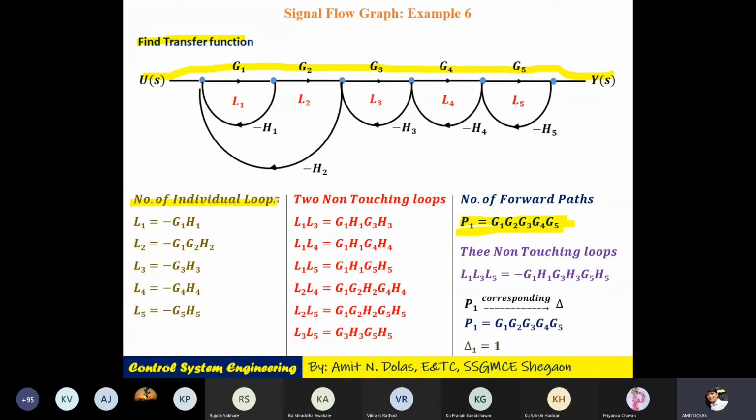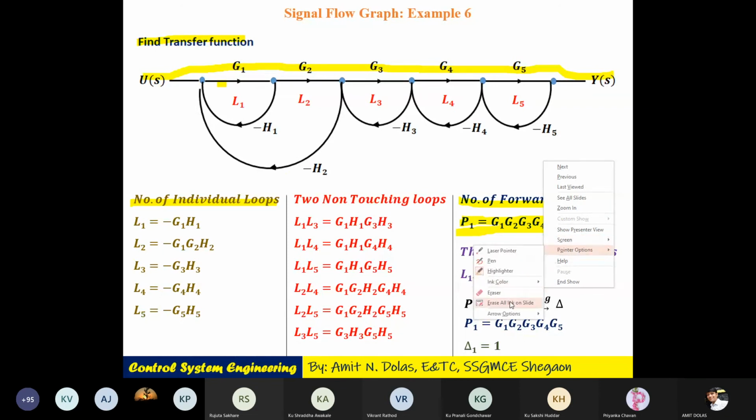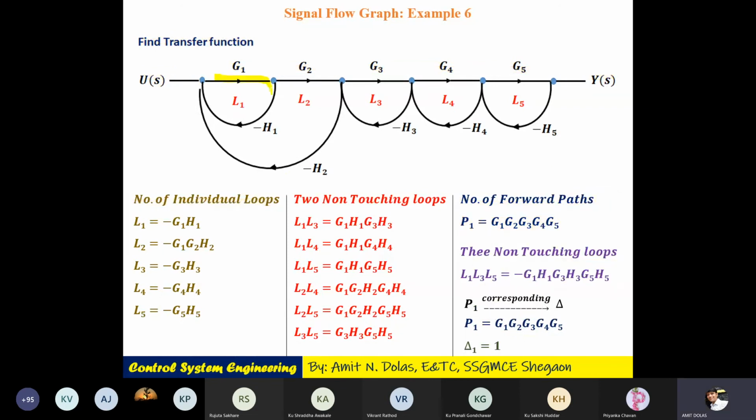Then the number of individual loops. This is the second step. The number of individual loops, to occupy the proper space of this PPT, I may have taken it in a random manner, but go for the forward path first. Then the number of individual loops. So which is it? I have L1, this one.